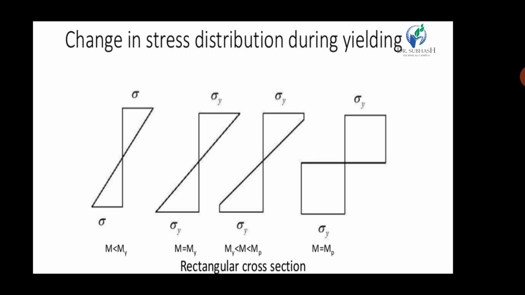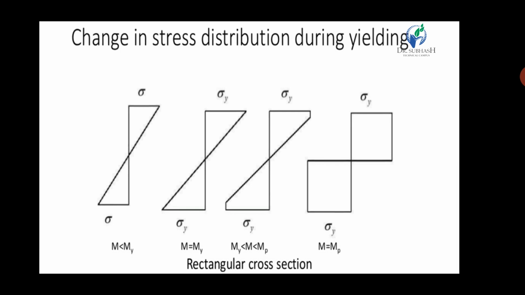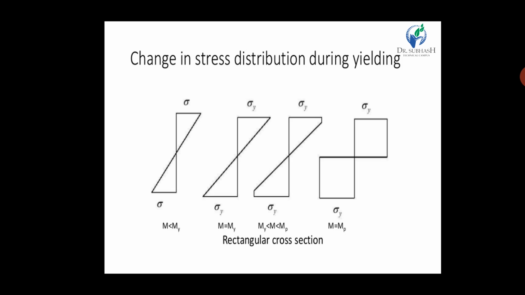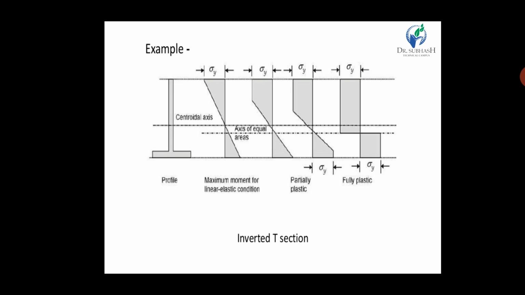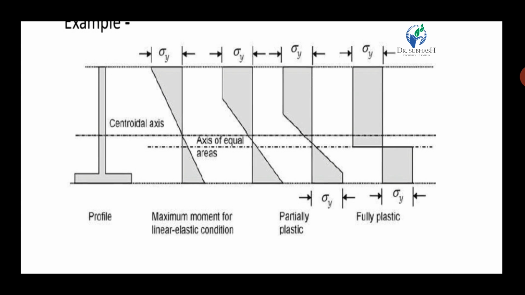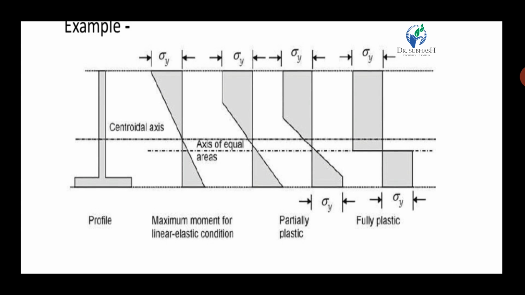And finally, when we reach the plastic moment, denoted by Mp, the sigma y in tension and sigma y in compression have the same shape and pass through the plastic hinge. So these are the changes in stress distribution during yielding as we increase the bending moment. Now, an inverted T shape: you can see one example, the profile of the T.